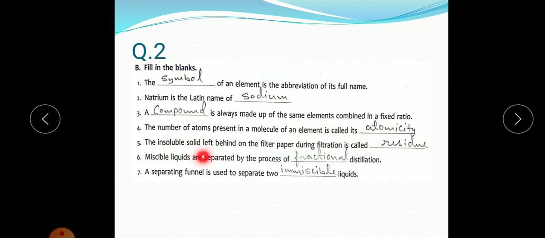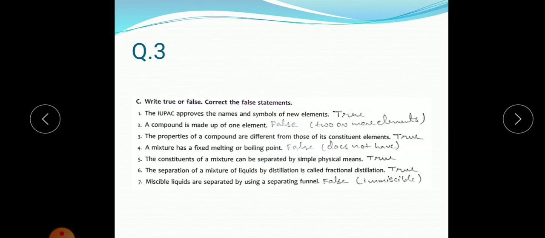The insoluble solid left behind on the filter paper during filtration is called residue. Miscible liquids are separated by the process of fractional distillation, and a separating funnel is used to separate two immiscible liquids. So these are the correct answers for the fill in the blanks.